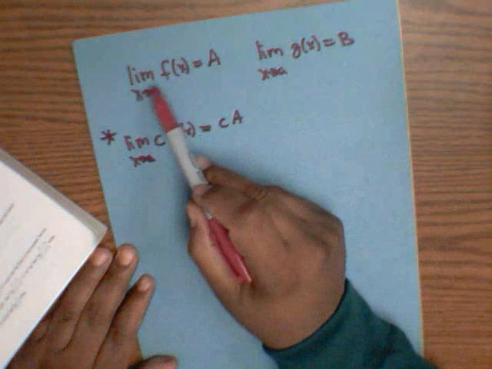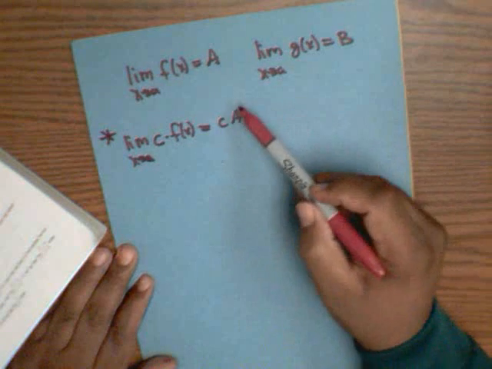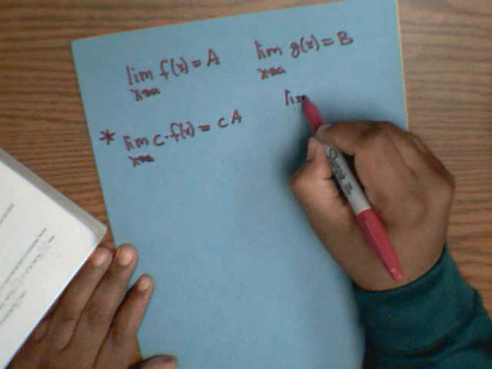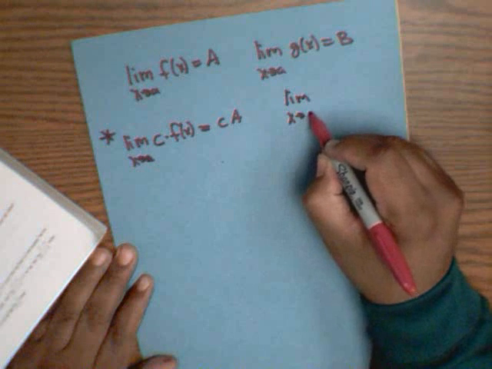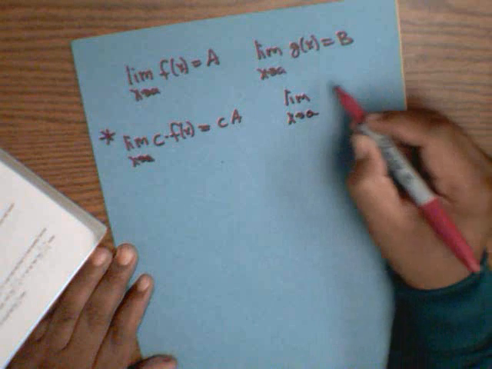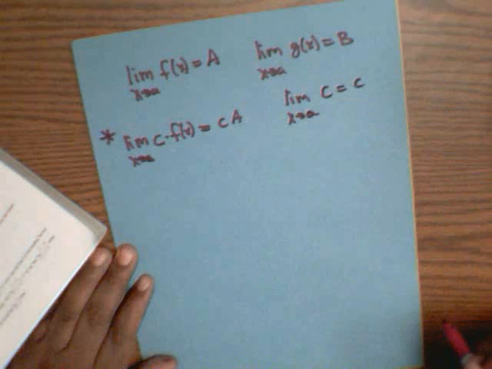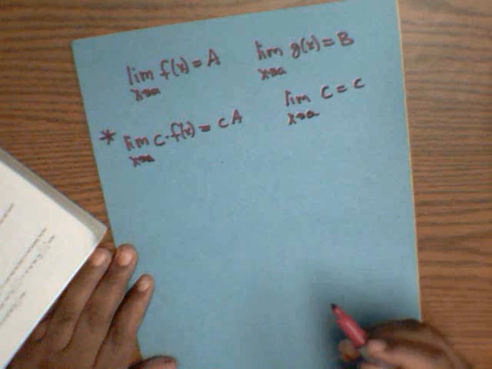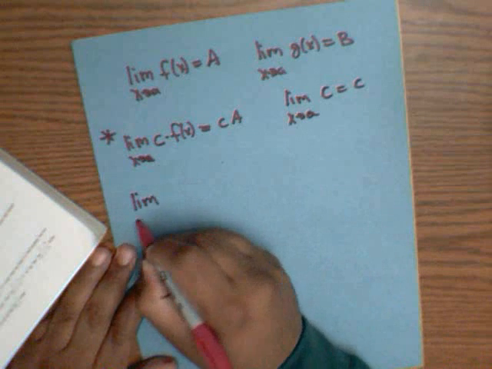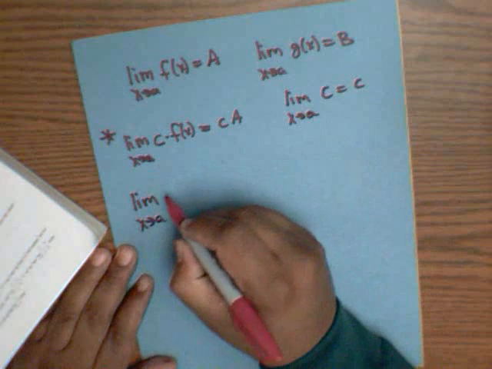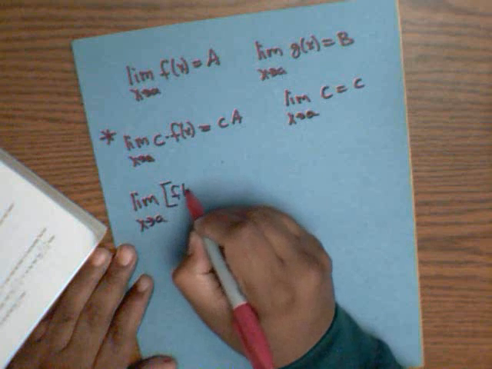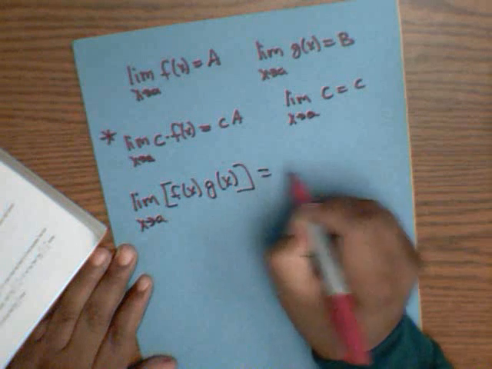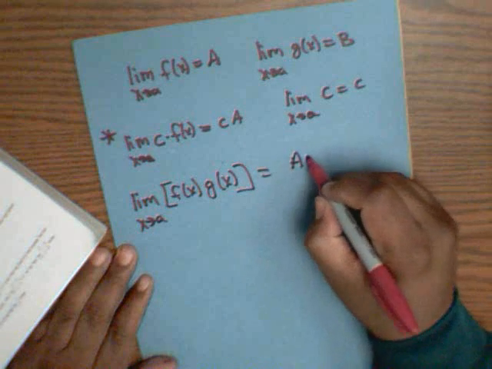Since the limit of f of x is equal to a, I get an a here. And since we already discussed that the limit as x approaches a of any constant is always equal to that constant, this brings me to my next theorem: the limit as x approaches a of f of x times g of x is going to be equal to a times b.